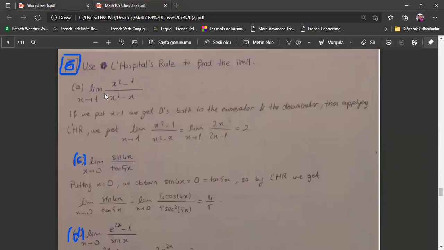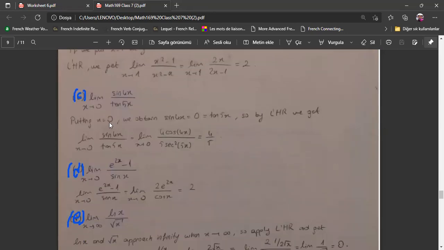If we put x equals to 1, we will have 0 over 0, so we can apply the rule. So we take first the derivative of this one, which is 2x, and the derivative of the denominator is 2x minus 1. Now if we put x equals to 1, in the numerator we will have 2, and in the denominator we will have 1, so the limit is 2.